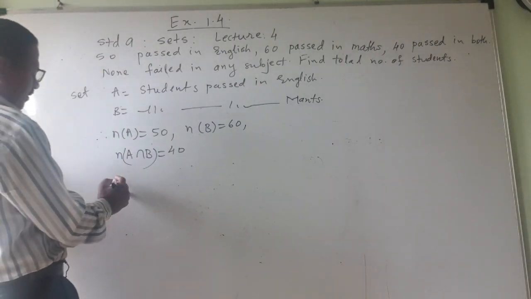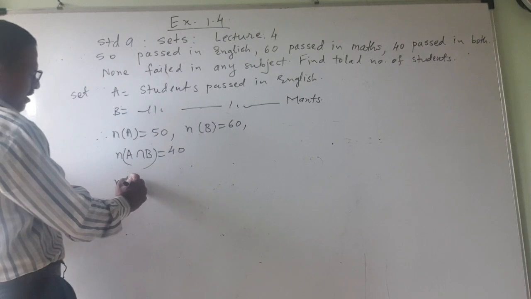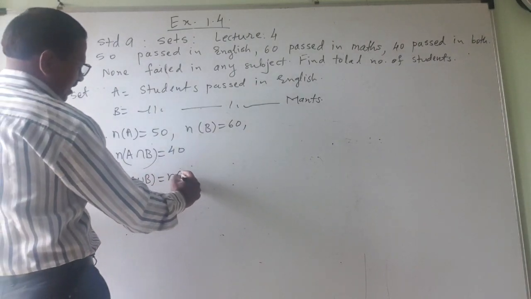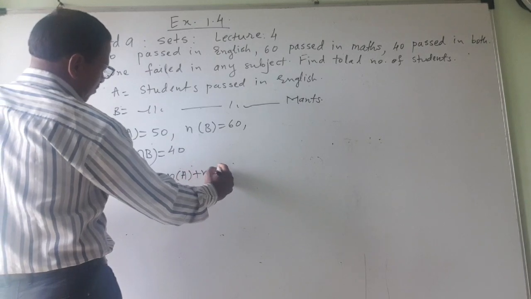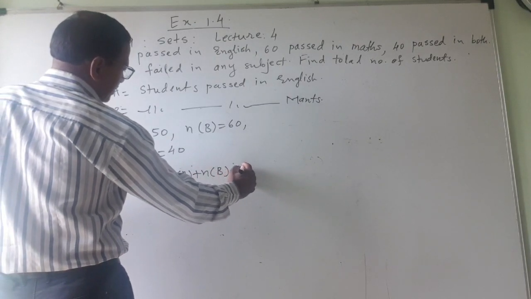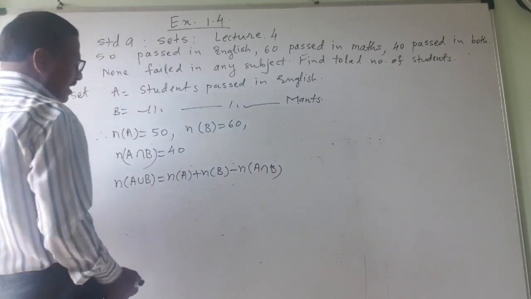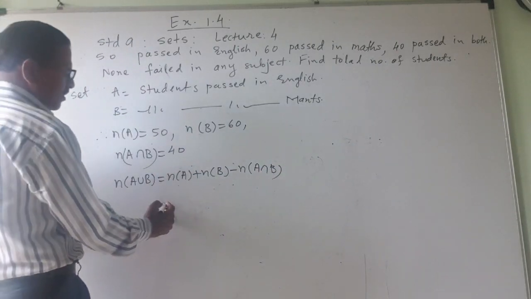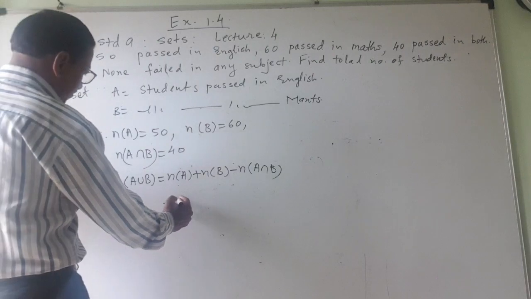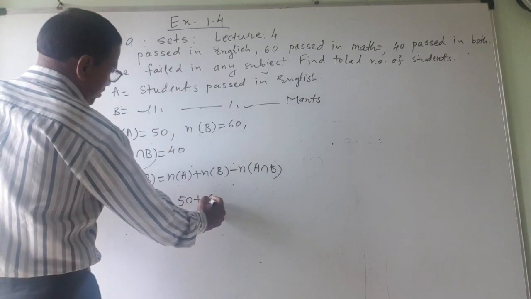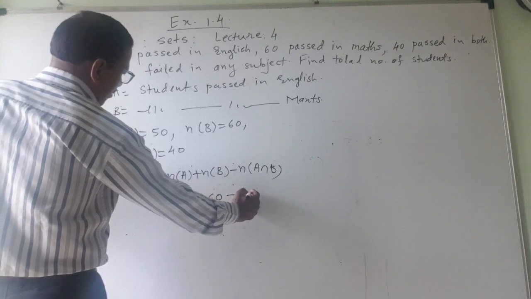Now, N of A union B is equal to N of A plus N of B minus N of A intersection B. These common things are counted twice. That's why they have to be removed. N of A is 50, N of B is 60 and minus this is 40.